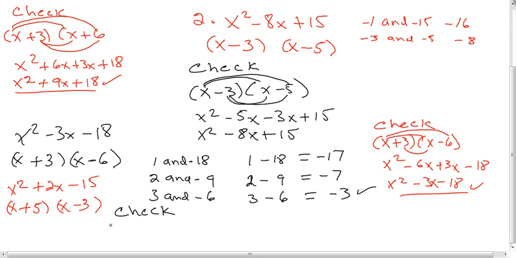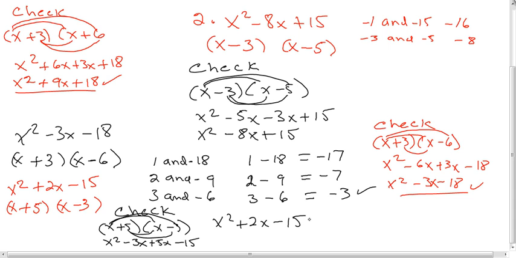Okay, so to check it, we will have x plus 5 times x minus 3, and we will get x squared, and that's going to be minus 3x and plus 5x minus 15, and now we just combine our like terms and we will have x squared plus 2x minus 15, and that takes us back to our original problem.